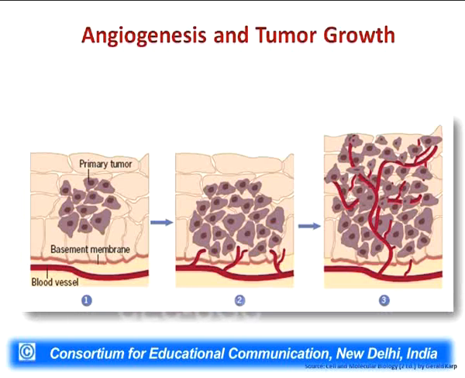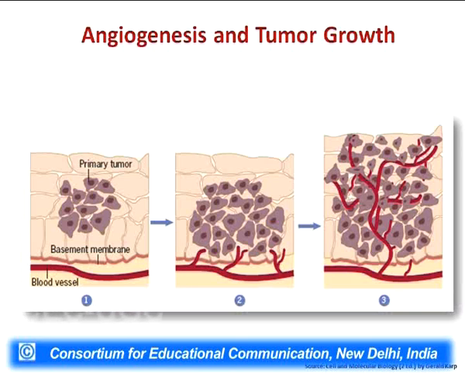The angiogenesis process starts, in which from the primary tumor, as soon as it is formed, new blood vessels start forming and going into these tumors, and subsequently over a period of time we can find that these tumor cells have been supplied with a fresh stock of blood containing the nutrients, food resources, as well as the oxygen for their growth and normal functioning.